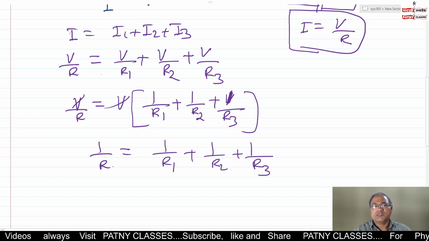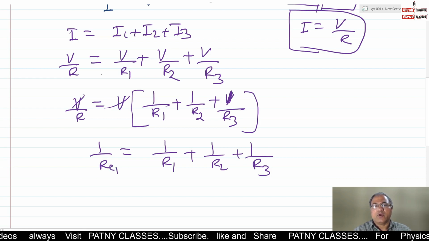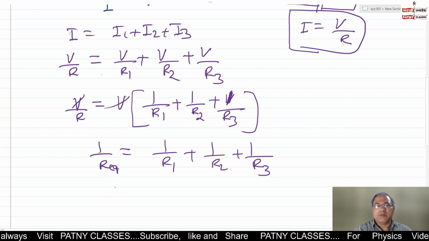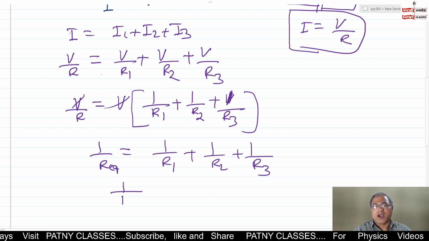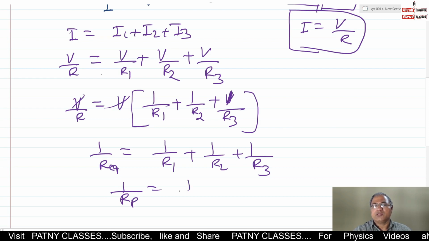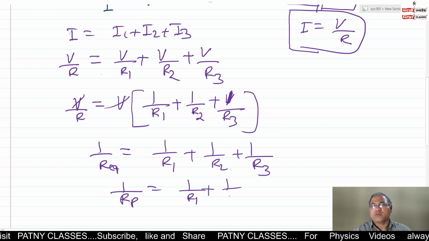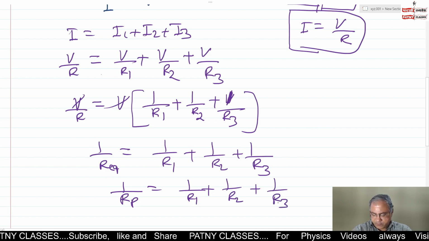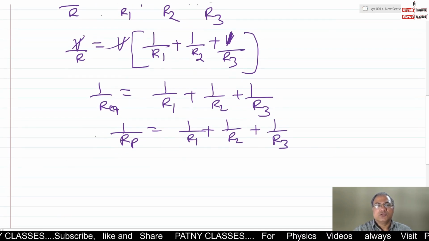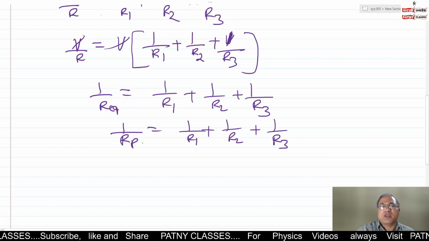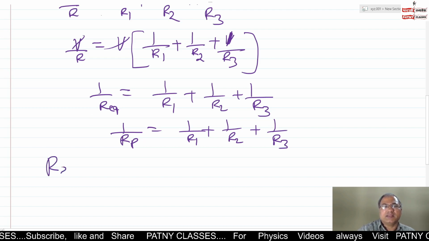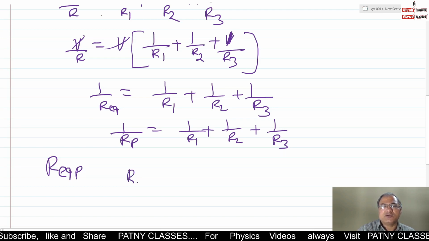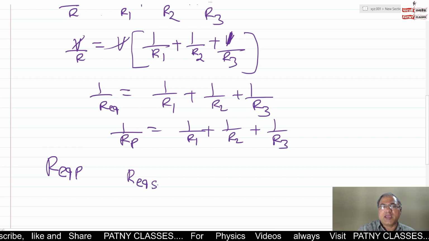So this R is nothing but called equivalent resistance in parallel combination. It can be represented as 1 upon Rp equals 1 upon R1 plus 1 upon R2 plus 1 upon R3. So P for parallel combination. So either of the expressions you can utilize. Some people write R eq with P here, and for the series combination R eq with S here.